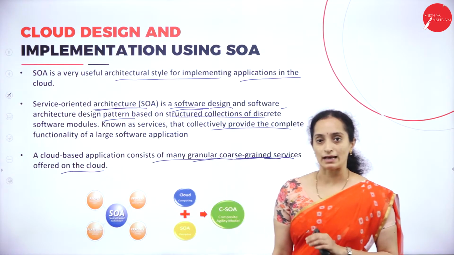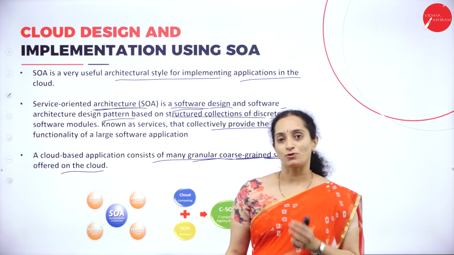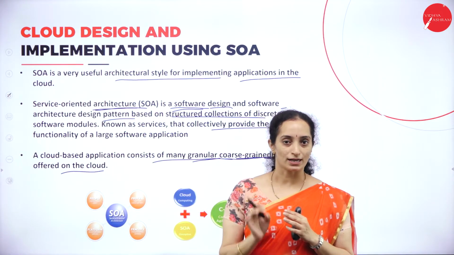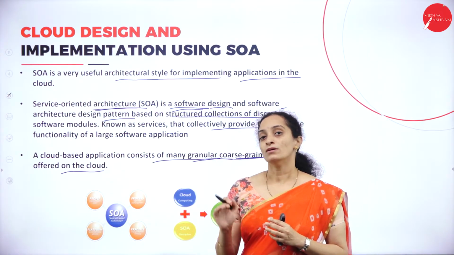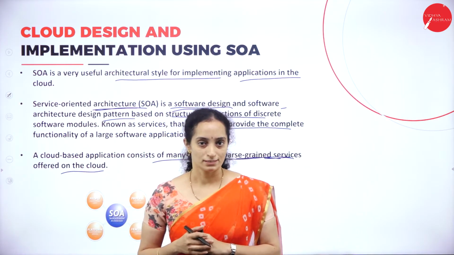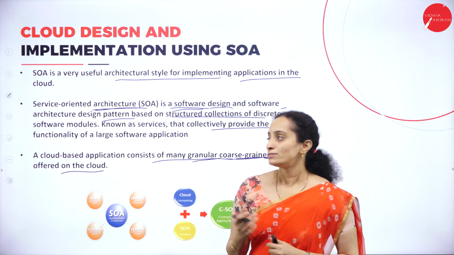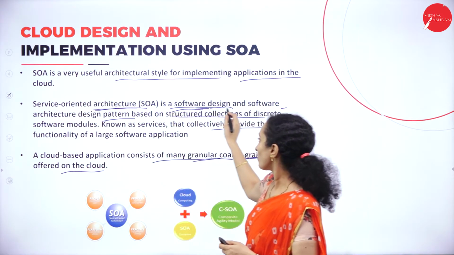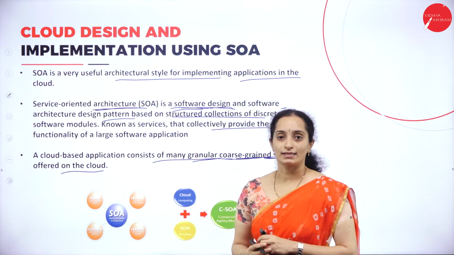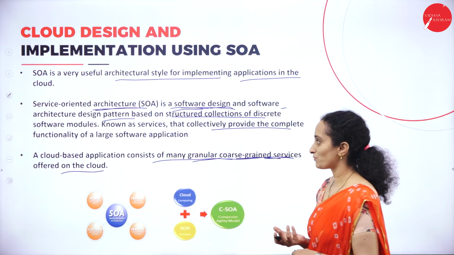What you need to design as an architect is whether you are going to provide these kinds of tiny services to the clients, or concentrate only on services to a broader spectrum, like any organization. So you need to design a service-oriented architecture to decide what type of service you are going to provide.